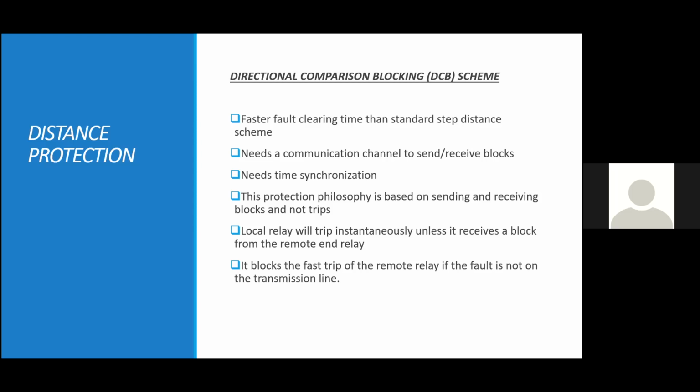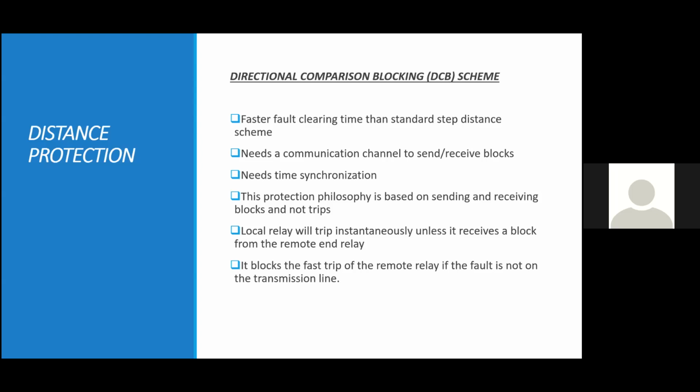This scheme needs time synchronization, which is done by a local GPS based clock. So again, this protection philosophy is based on sending and receiving blocks and not trips. This scheme is set up in such a way that if any of the relays doesn't receive a block signal from its remote relay, that relay is going to trip its local circuit breaker instantaneously.